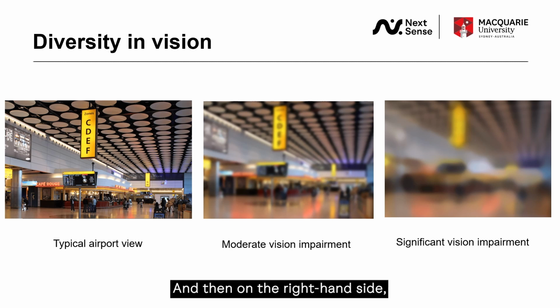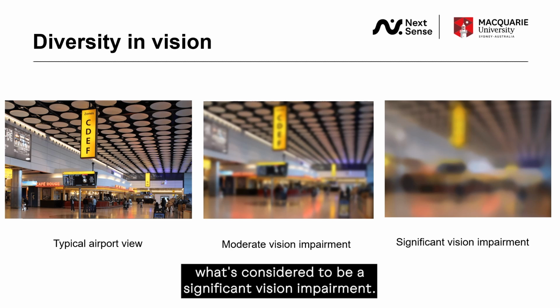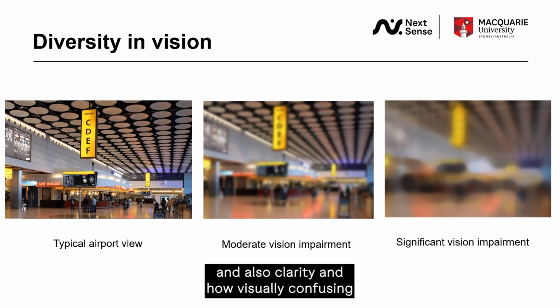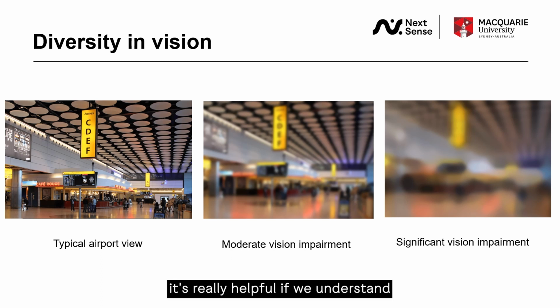And then on the right-hand side, what's considered to be a significant vision impairment. And you can see a loss of form and also clarity, and how visually confusing an environment like this might be to a person.